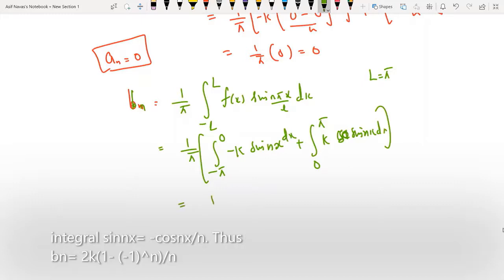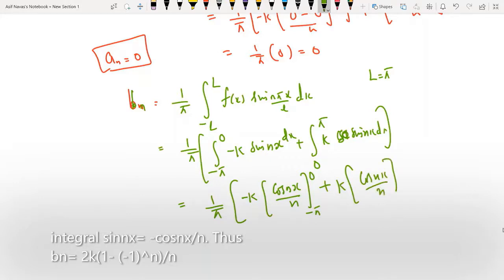So this is equal to 1 by pi. You can take minus k outside, and the integral of sin nx is minus cos nx by n, from minus pi to 0, plus k times cos nx divided by n, from 0 to pi.